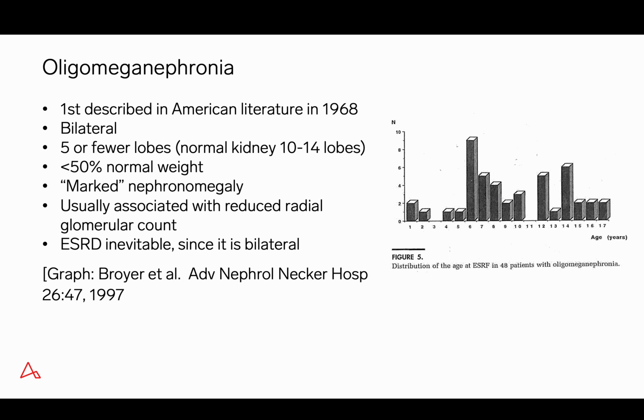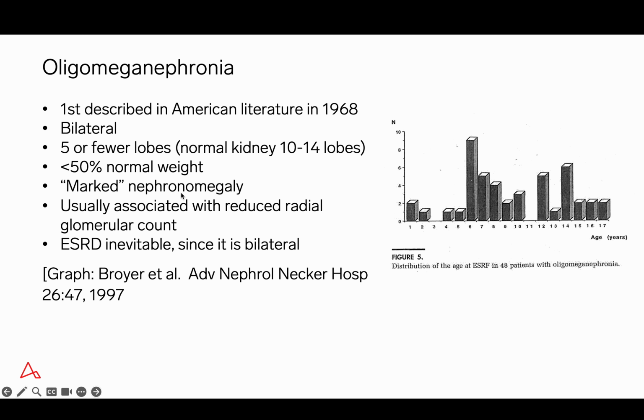So this kind of falls in the middle ground. Okay, oligomeganephronia was first described in the American literature in 1968. Several publications in the French literature had preceded that. Oligomeganephronia is invariably a bilateral disease and has the similar definition of 5 or fewer lobes and less than 50% normal weight. As the name indicates, the nephrons are markedly enlarged.